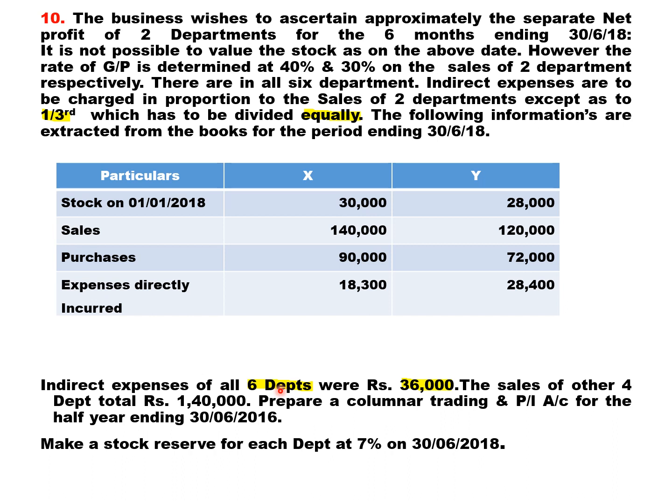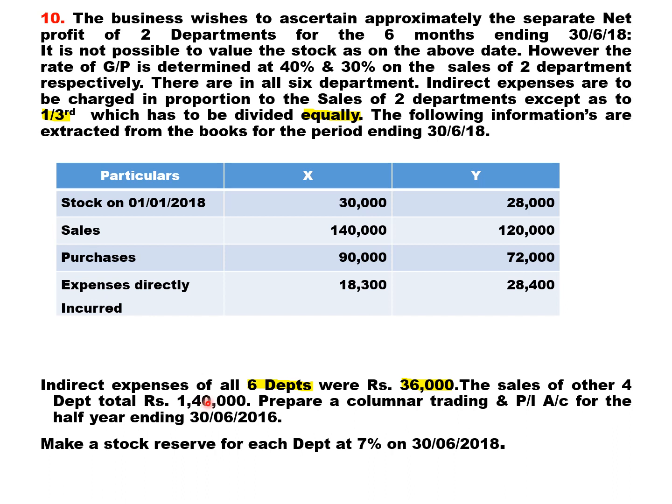However, students, keep in mind that 36,000 is the indirect expenses of all 6 departments, X, Y and the other 4. So conclude: of 36,000, 1/3 distribute equally, 2/3 distribute in sales ratio.